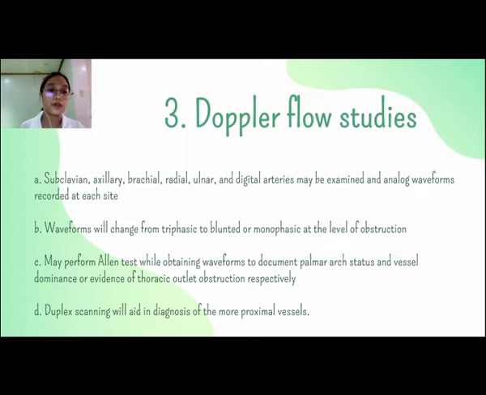So an Allen test may be performed while obtaining waveforms to document palmar arc status and vessel dominance or evidence of thoracic outlet obstruction respectively. And then the Doppler scanning will aid in diagnosis of the more proximal vessels.